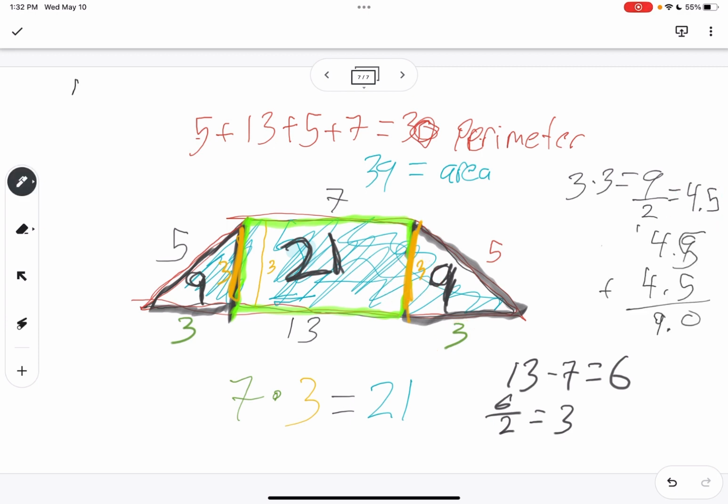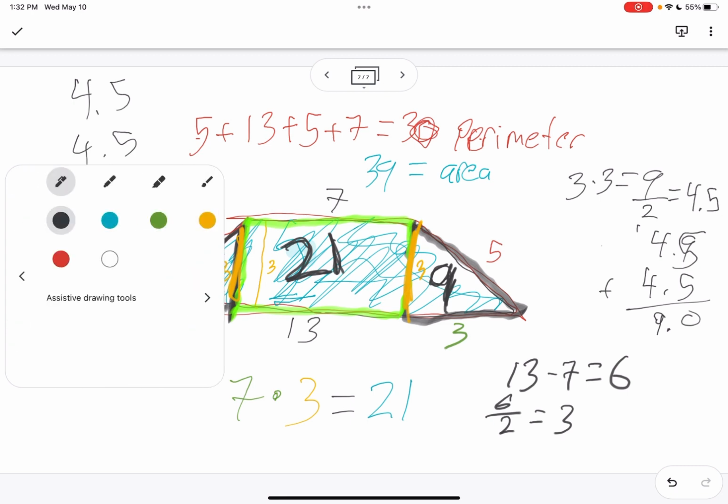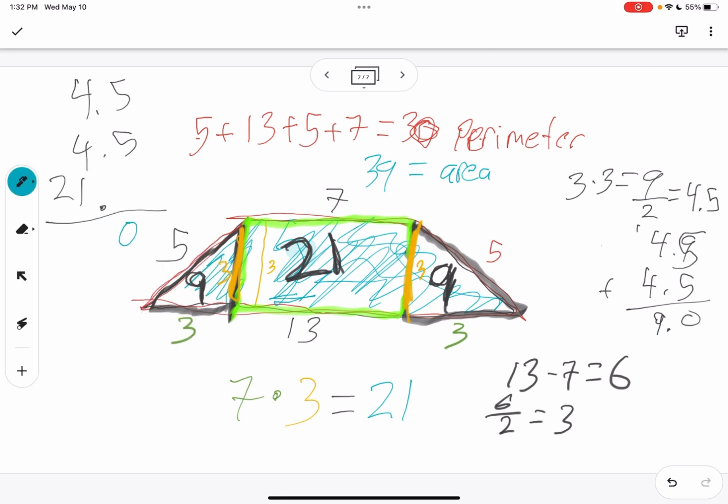So let's see here, 4.5 plus 4.5 plus 21. 5 plus 5 equals 10. So we carry our 1. Then 4 plus 4 is 8. Plus 1 more is 9.